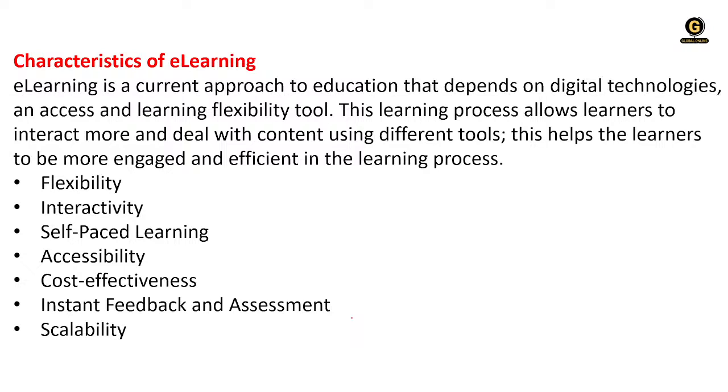So what are some of the characteristics of e-learning? Like flexibility. Flexibility means wherever you are, whenever you want to, whatever you want to, you can learn. Getting it? E-learning gives you that flexibility. That means you can learn anytime, anywhere you want to.